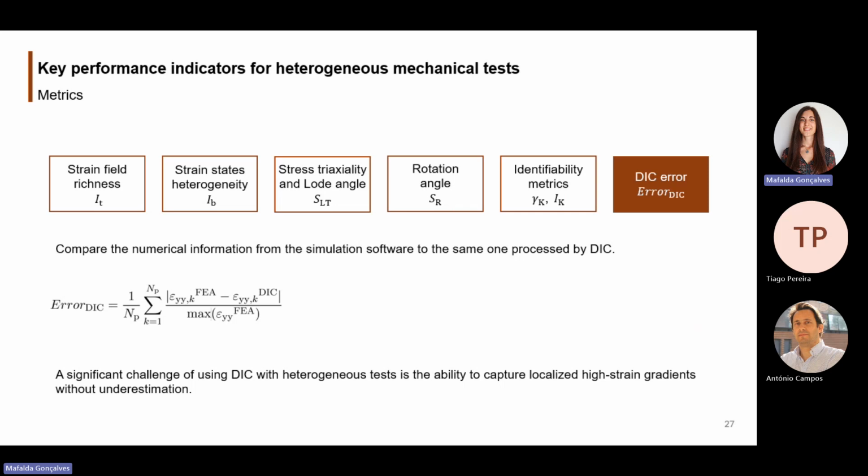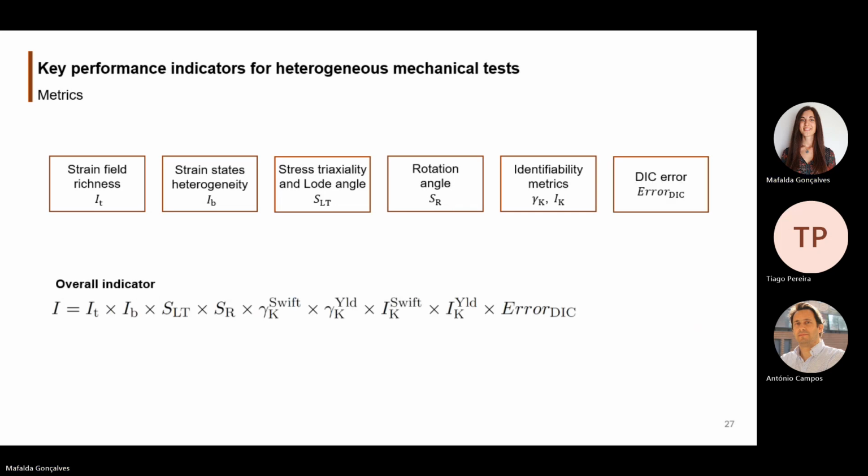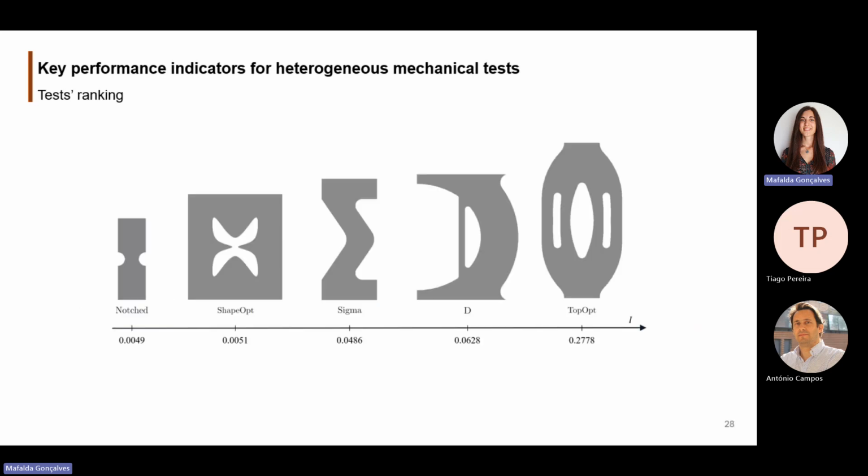So this metric proposes the comparison between the numerical fields and the DIC processed fields. At the end, each metric is included in the overall indicator, and the final ranking is obtained.